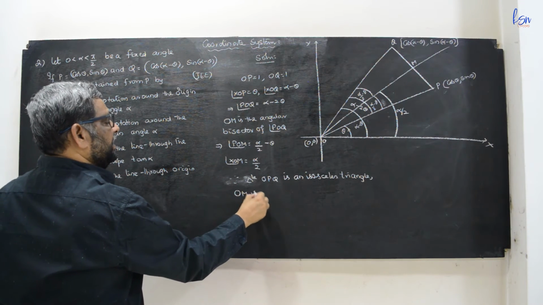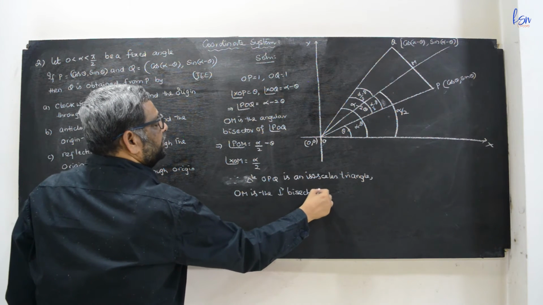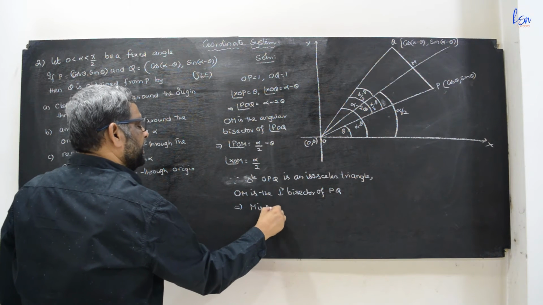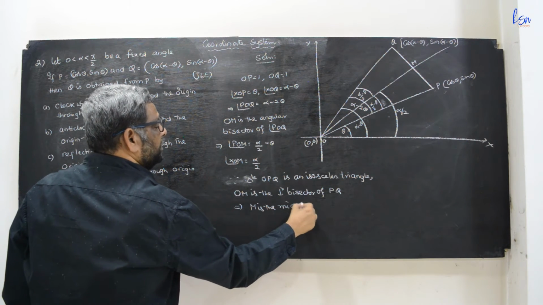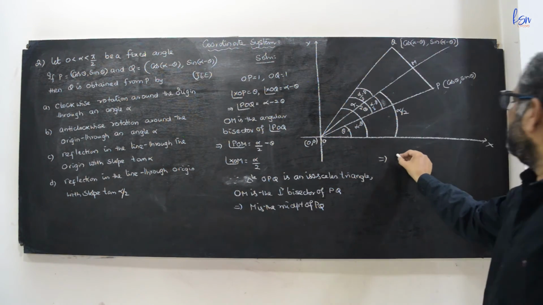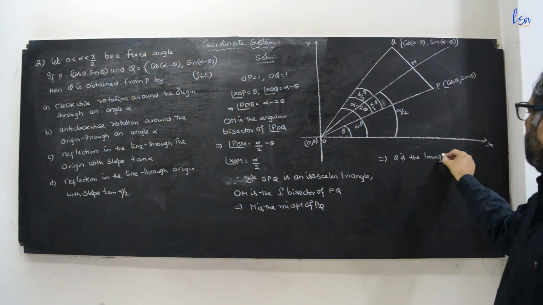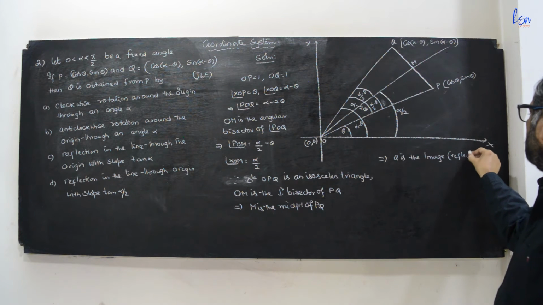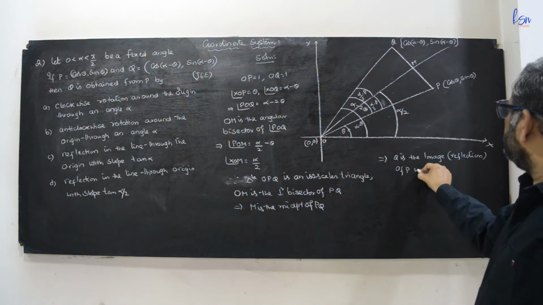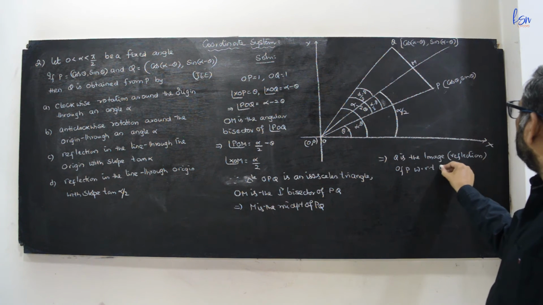OM is the angle bisector, which implies OM is the perpendicular bisector of PQ, which implies M is the midpoint of PQ, which implies Q is the image or reflection of P with respect to OM. Q is the image of P with respect to OM.